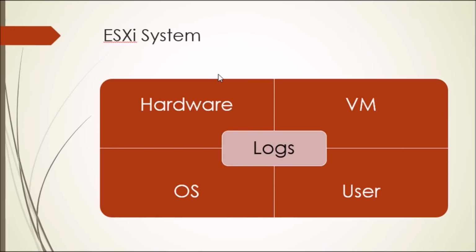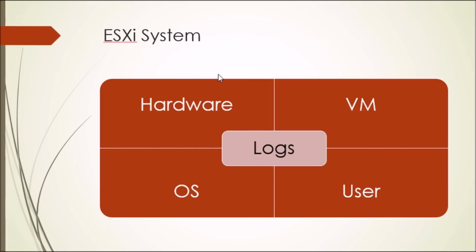So hardware logs are written in multiple places, but the most generic places you'll find them are the boot.gz, the serial line logging which you can enable, the IPMI system logs, and also the vmkernel and the VOBD logs. We'll get to those later.